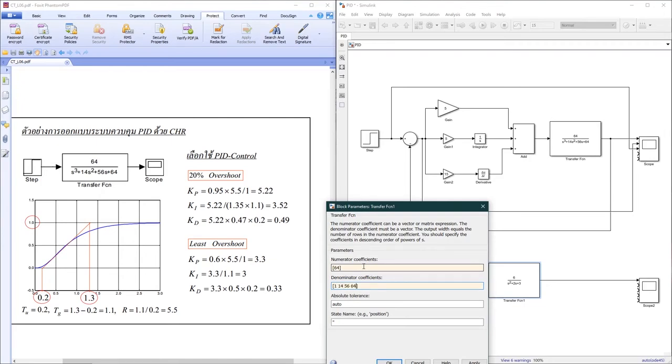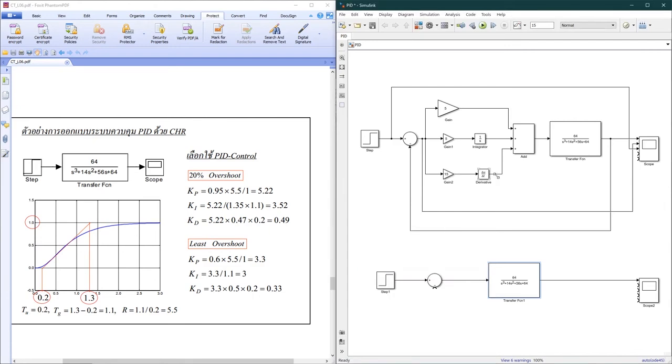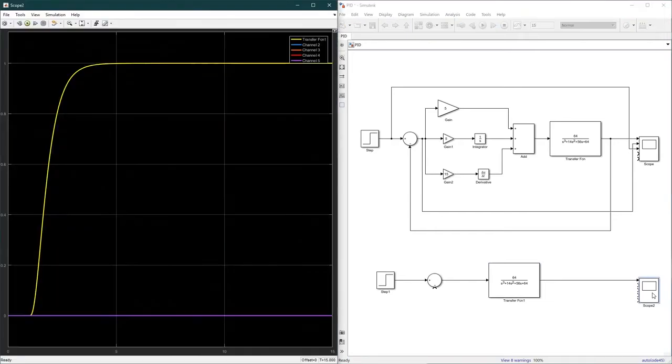This is a third order system. Here we have the open loop system and then find the slope of the graph. See, the system is already convergent, but it might not be what we want. So let's adjust it some more.